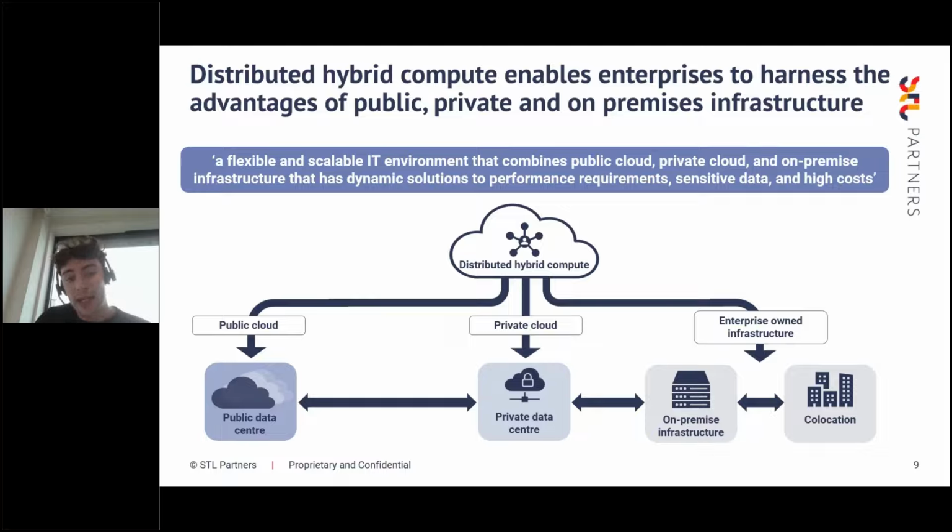And this reduces the strain of the network with requests not being sent between two server locations, such as co-location or private data centers, and instead they're being sent to more proximate locations, which is helping make all of the different infrastructure locations cheaper, more scalable, and more performant. Those enterprises that are looking to delight customers with differentiated experiences and solutions that load swiftly will be well aware of the need for cached workloads, and that's shown by more than 70% of today's internet traffic flowing through some form of distributed compute architecture and then being cached in global locations.